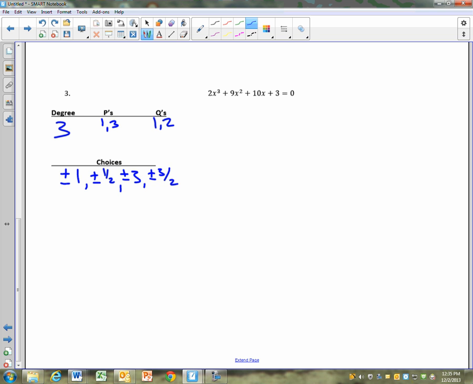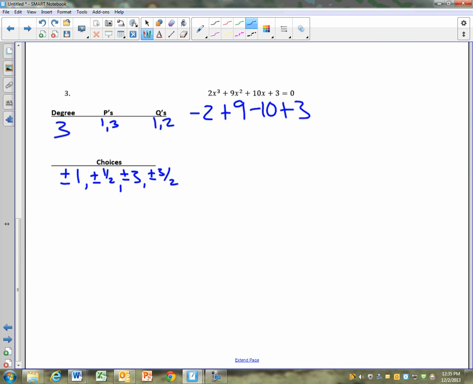So instead of plugging in positive 1 right away, or positive 2, or 3, or 1/2, or 3/2, what would be a good number to try right away? Negative 1. So let's plug it in. 2 times negative 1 to the third is going to give you negative 2. Negative 1 squared is 1 times 9 is 9. 10 times negative 1 is negative 10.